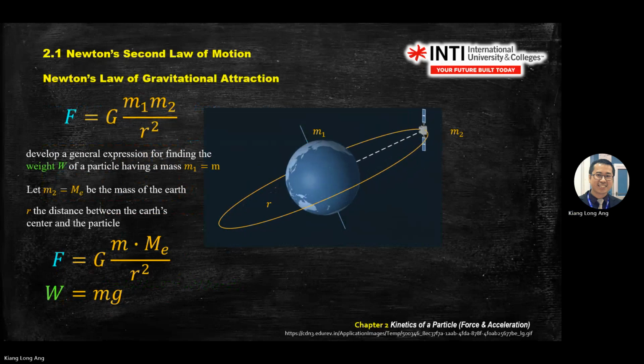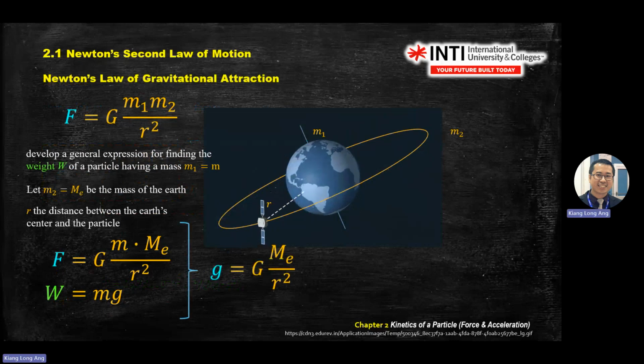If you equate your force and weight, pull your m outside and your g inside, then g will equal G M E divided by r squared. This is more on the astrophysics side, and for this module we don't go into this section, but it's just an introduction to you.